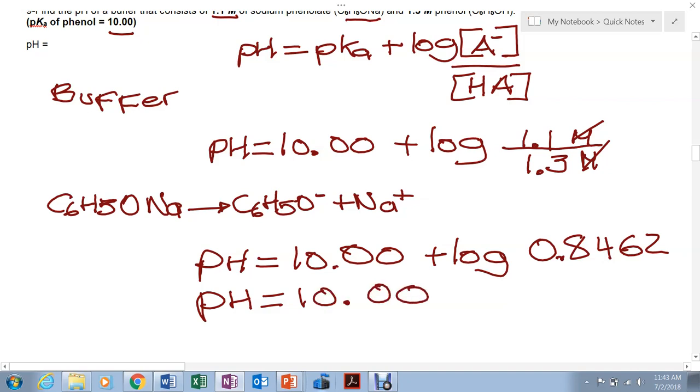If we get the log of this, pH equals 10.00, and the log would be minus 0.07255.